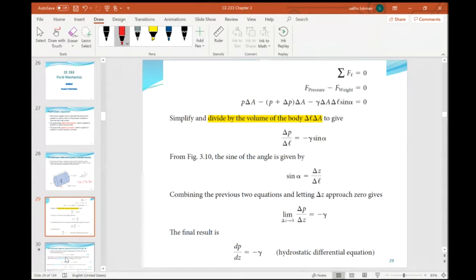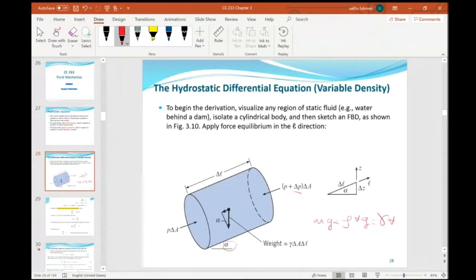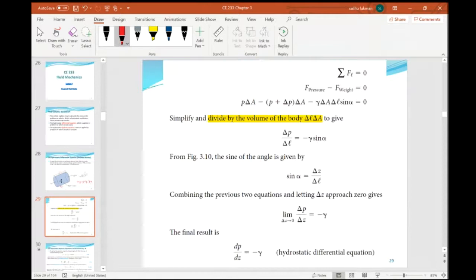When we sum the forces, we have the pressure forces, and then we have the weight, which can be resolved along the L direction. So here we have the pressure force minus the weight equals 0.